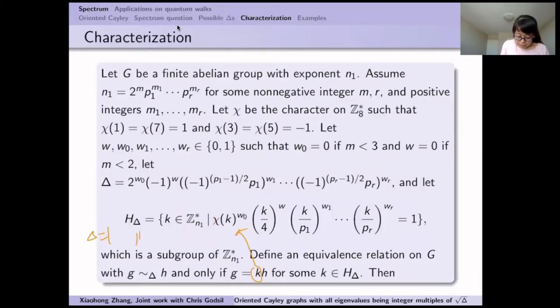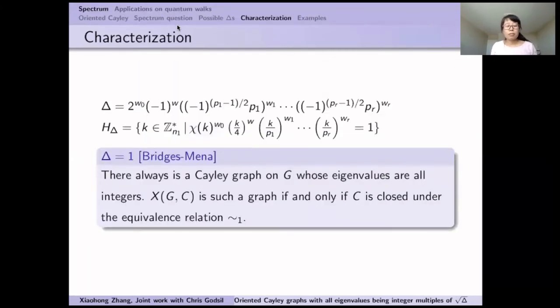In fact, H delta is the big group itself. The index is just 1. It corresponds to the earlier result we mentioned by Bridges-Mena about when a Cayley graph has all the eigenvalues being integers.